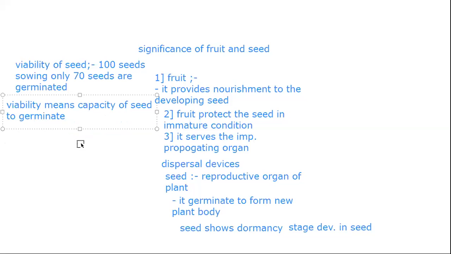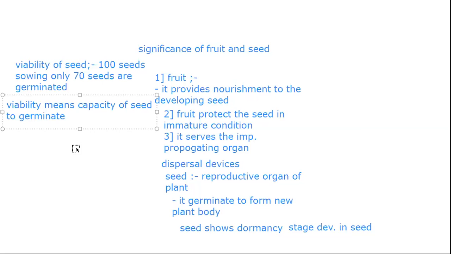So we cannot say these seeds are viable seeds. Before sowing, the seed becomes mature and viable, no doubt. But when we sow the seed, there may be an attack of fungus or microorganisms. They may destroy the seed, so it will be lost and there is no germination.